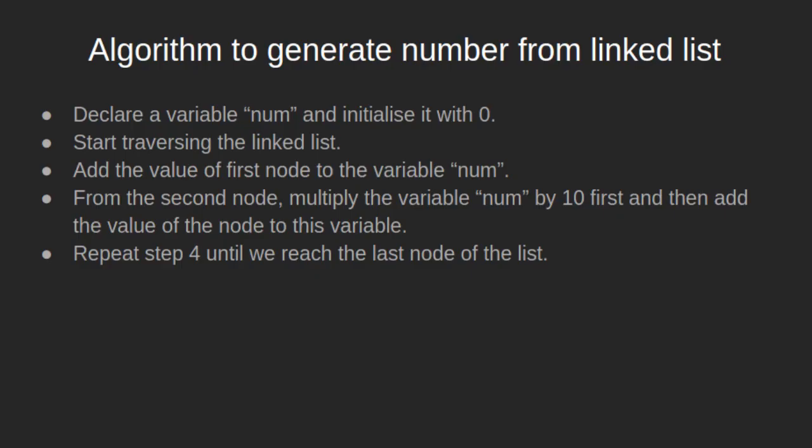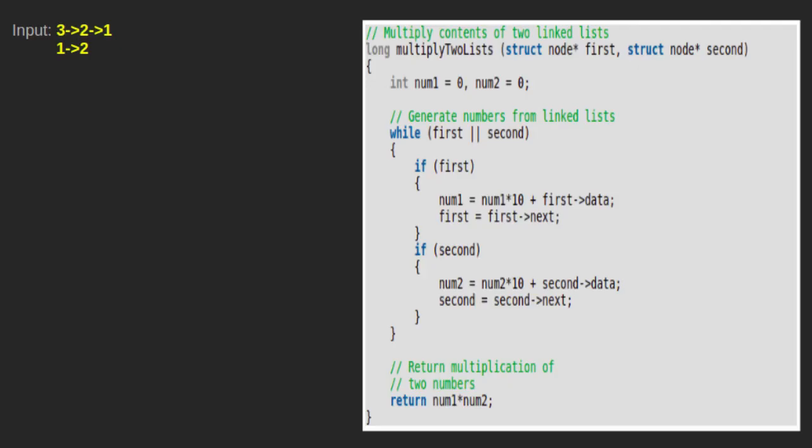Now since we have learned how to generate a number from a linked list, using this algorithm, let's understand the code of multiplying two numbers represented as linked lists using an example. We have given two linked lists 3, 2, 1 and 1, 2. We pass the heads of both linked lists, first and second respectively, to the function multiply two lists.